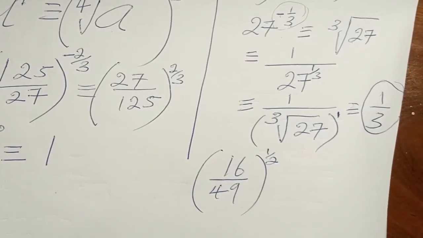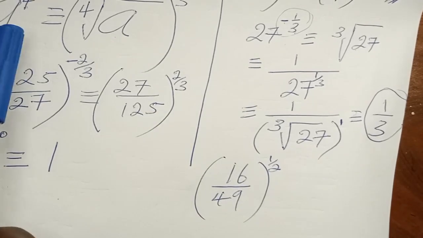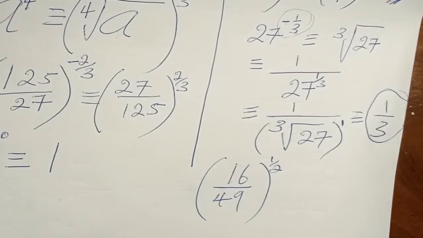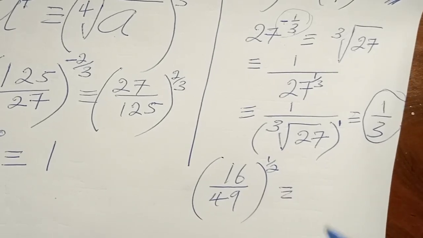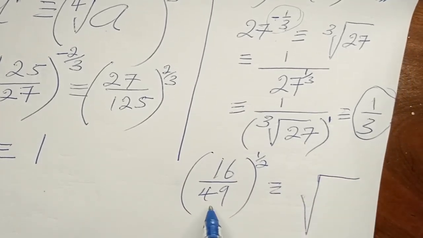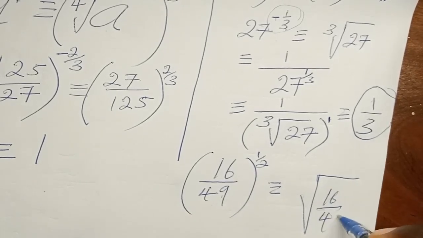This is a fraction, and of course we can take, as we already know, this particular technique here. Since the power is a fraction, it is going to be the same as the root, the root of the fraction itself, 16 over 49.